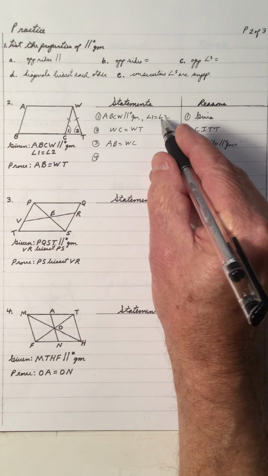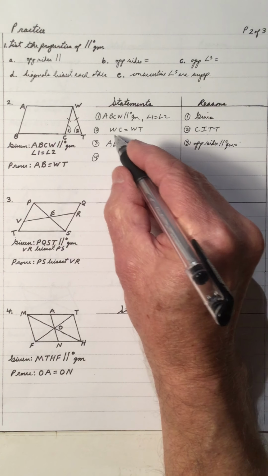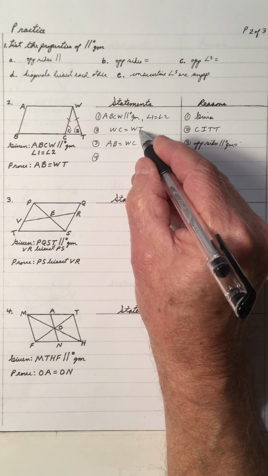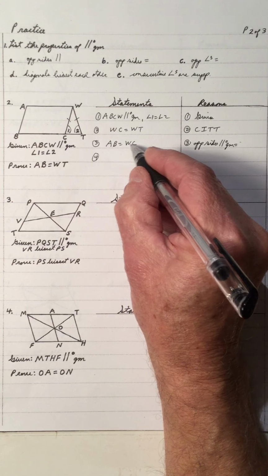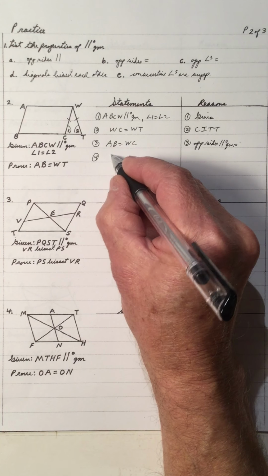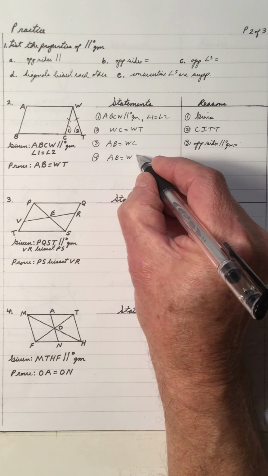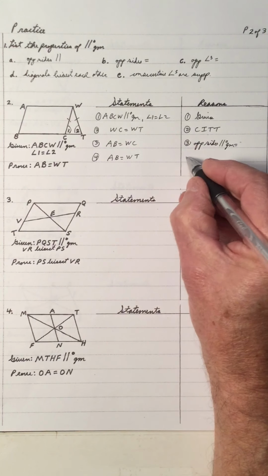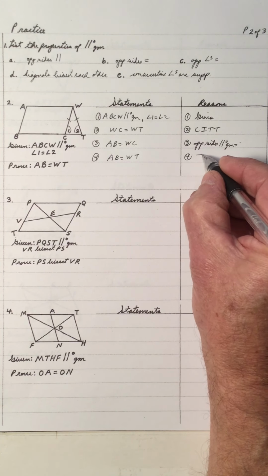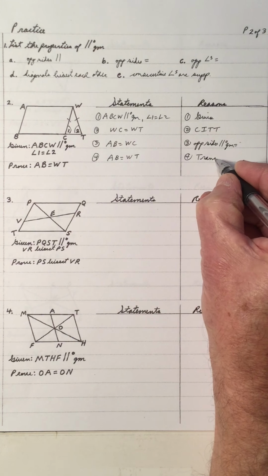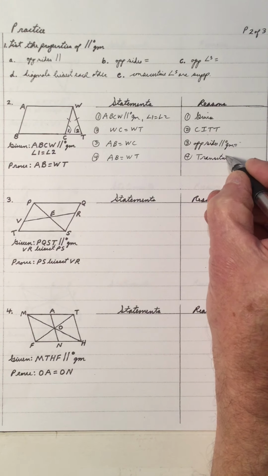And as a result, we have WC is equal to WT, AB is equal to WC, so that means that AB is equal to WT, and that's the transitive property of equality.